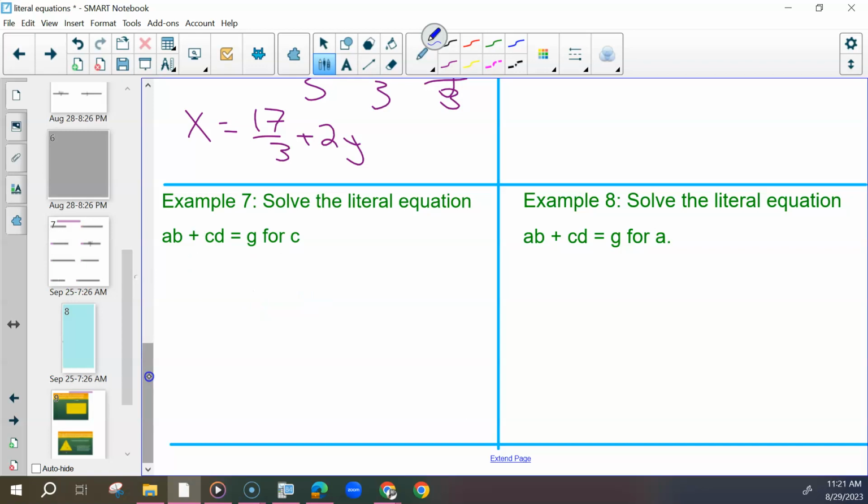If we were solving for A or B, then yes, we would do this. So everyone erase what we just said. I wasn't reading, because we're actually trying to get C by itself. If we were solving for A, then yes, we would have done the exact same thing. But because we're solving for C, you have to get rid of AB. So we're going to subtract AB.